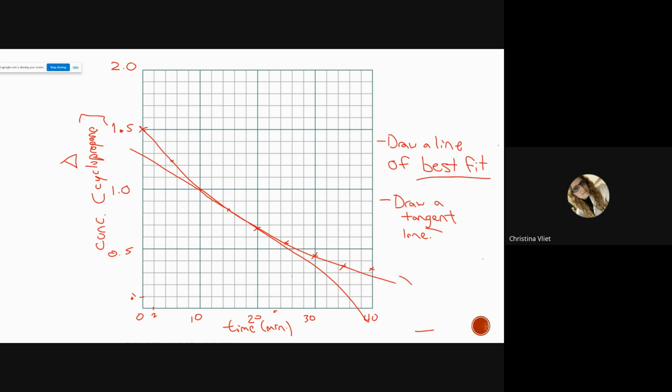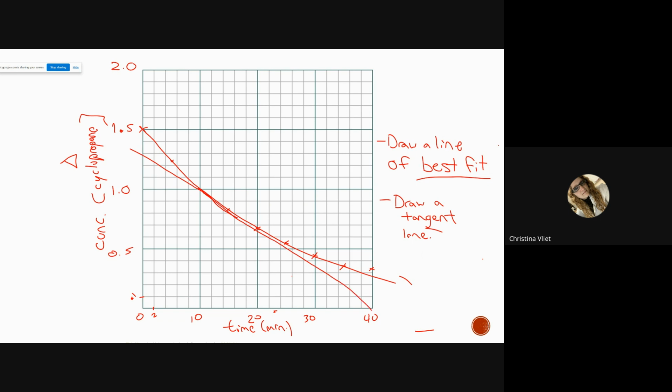That will be a little bit better. It can't cross the line. The thing about the tangent line is it can't cross your graph. Again, I did a terrible job myself. So it looks like it would be something like this. It's got to be straight, which is why you use your ruler.